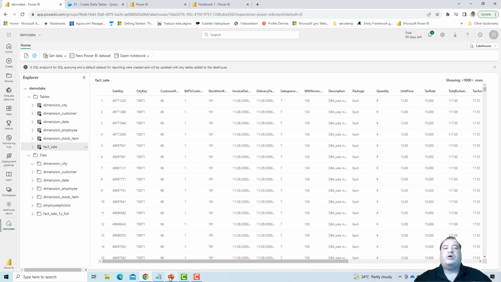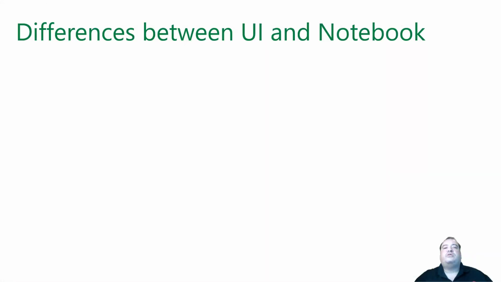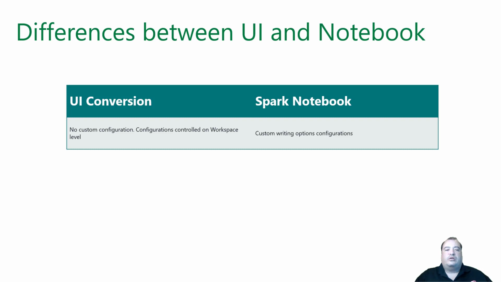Let's talk a bit more about the difference that we just saw between using the UI and using a notebook. Using the UI, we can't use custom configurations directly on every execution. The configurations are controlled on the workspace level.